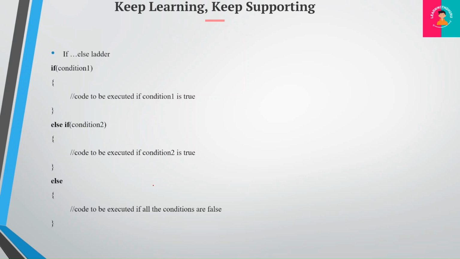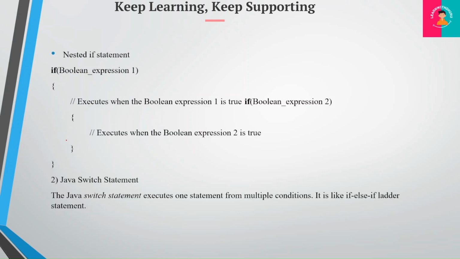Then there may be combinations of if-else. If you have many conditions or many values to compare, you can provide multiple conditions. You can write as many else-ifs as possible.